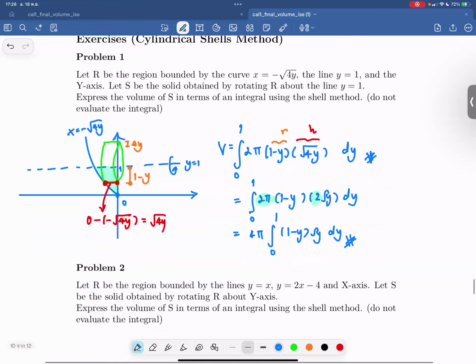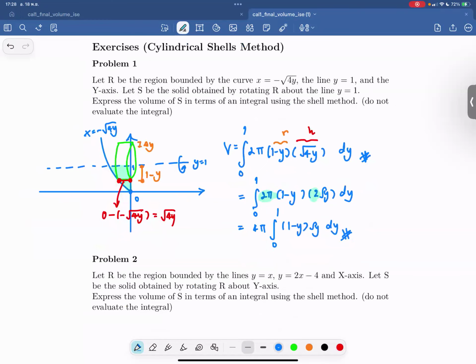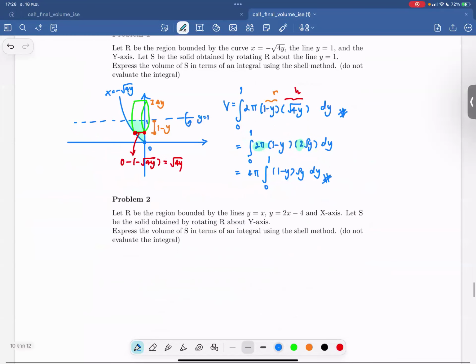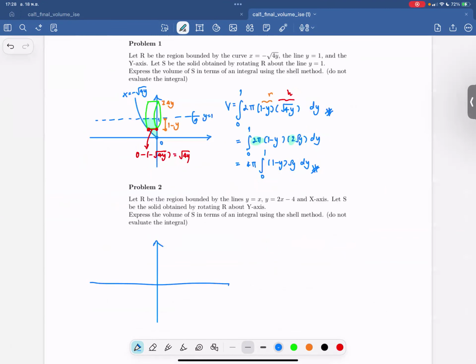For the next one, again, we have to draw our region first. Bound by y equal to x. Actually, the picture is the same as the example in the last section.